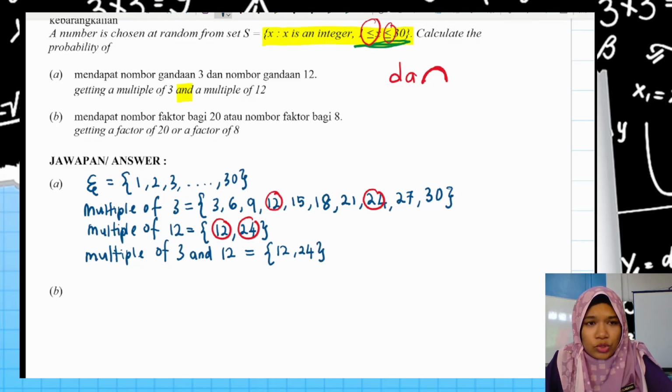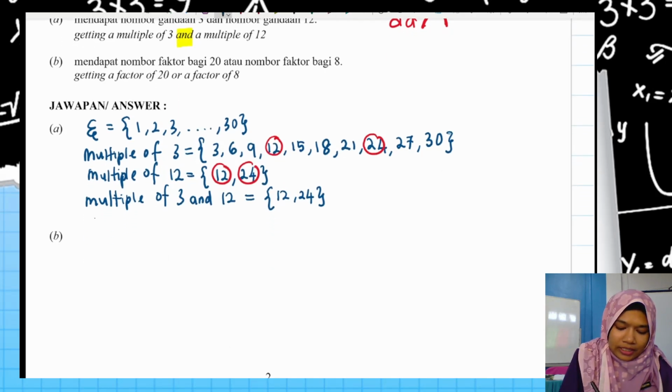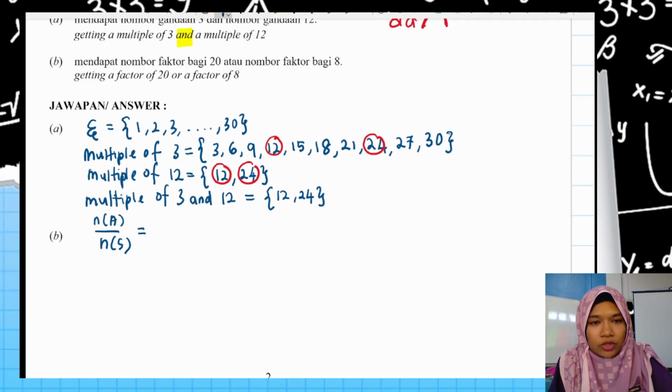But the question asks you to calculate the probability. So how to write the probability? It is n(A) over n(S). Semua sekali ada berapa multiples of 3 and 12? 2.